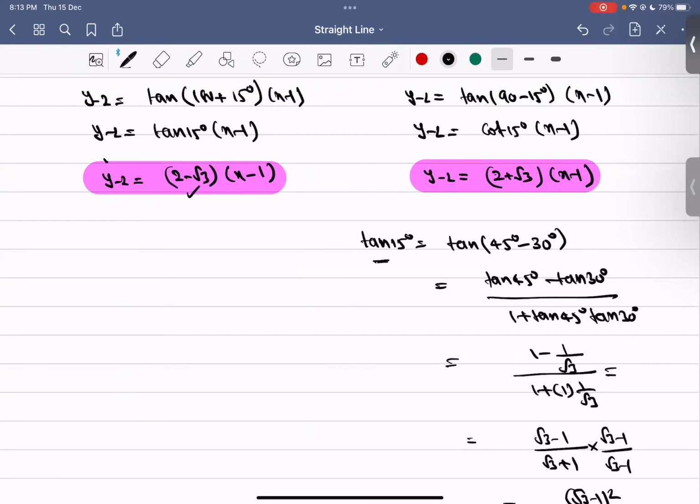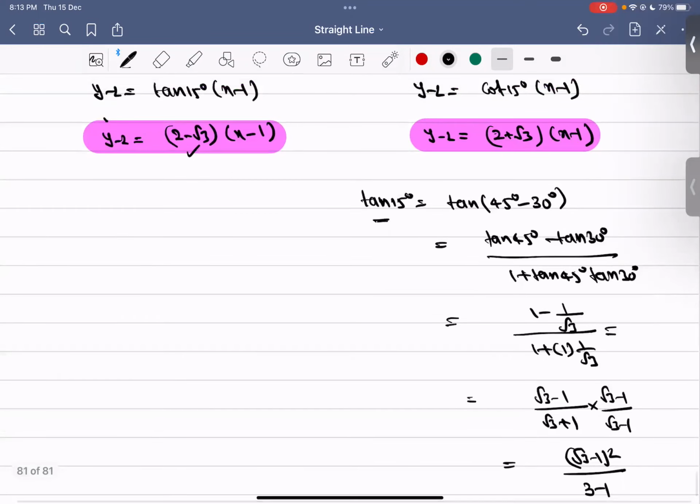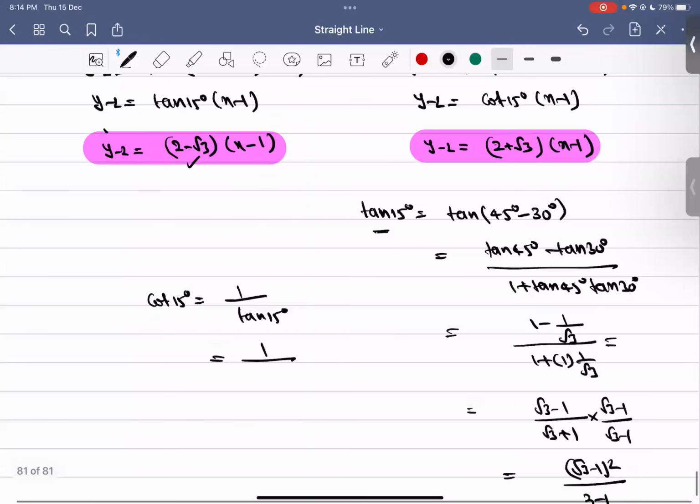Yes. Now cot 15 degrees is equal to 2 plus root 3. Why? Because cot 15 degrees is equals to 1 by tan 15 degrees, which is 1 by 2 minus root 3. So multiply and divide by 2 plus root 3. Then what you get?